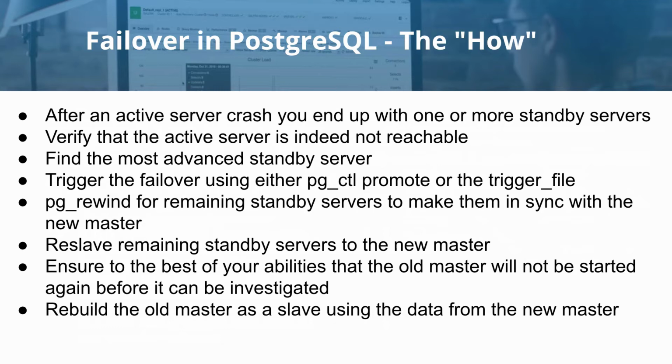Slave the remaining standby servers to the new master. Ensure to the best of your abilities that the old master will not be started again, such as implementing STONITH or adding fencing scripts like the MySQL procedures, before you investigate this node for RCA, or root cause analysis. Rebuild the old master as a slave using the data from the new master.